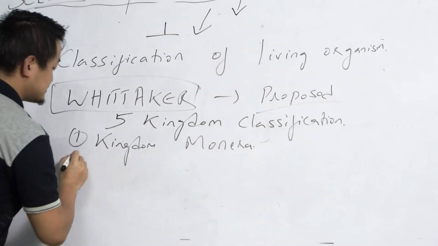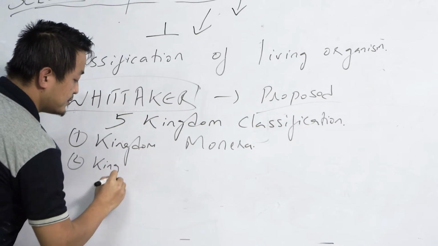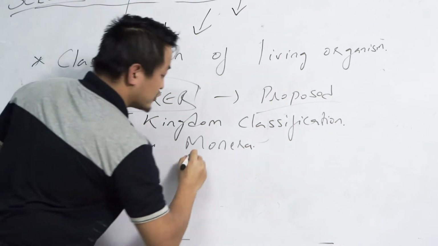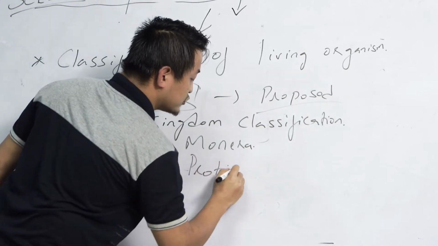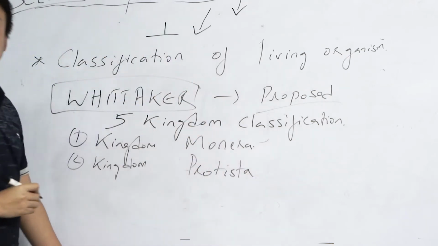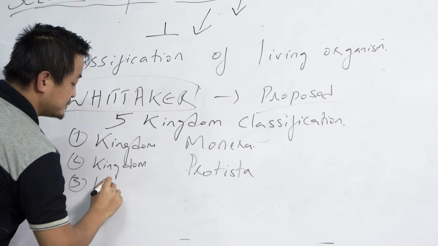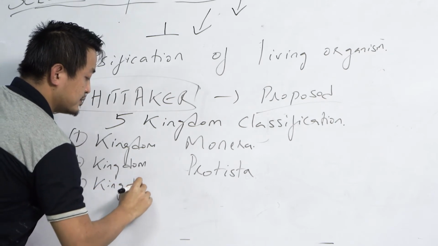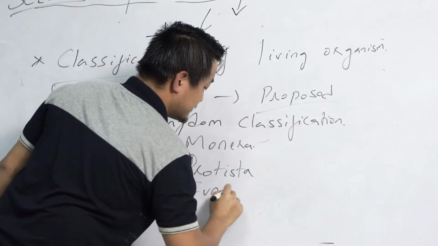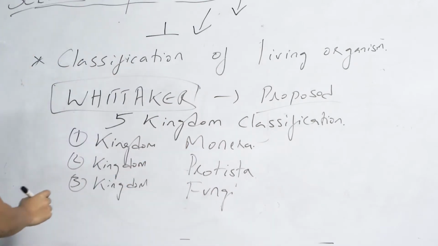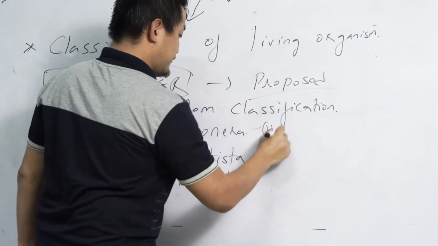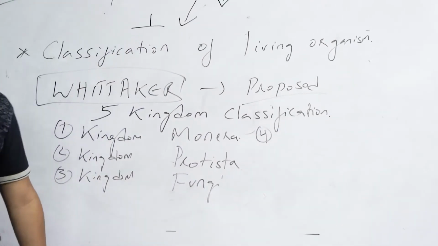Second one is kingdom Protista. Protista. Clear? The third one is kingdom fungi. Fourth is, I'll write here, okay? Fourth is kingdom Plantae.